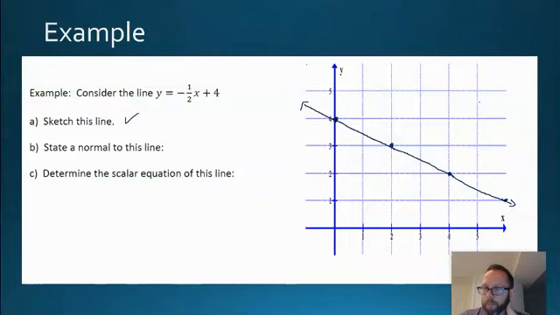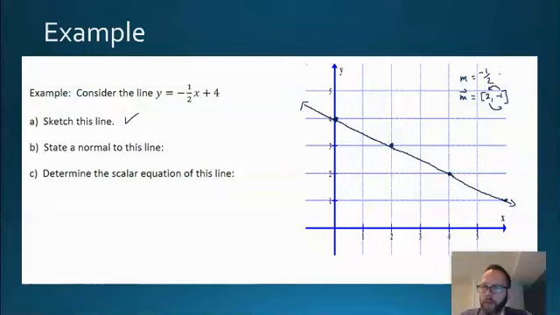So, the slope is -1/2. And a direction vector for this line might be [2, -1]. You might see a connection there: if you take the direction vector and rotate it about 90 degrees, it gives you the slope, right?